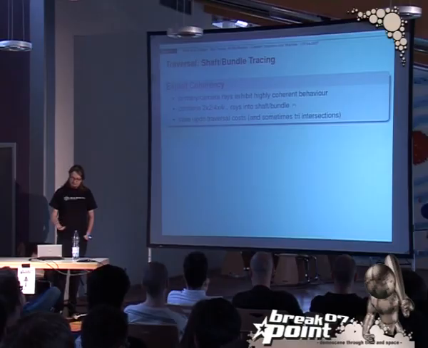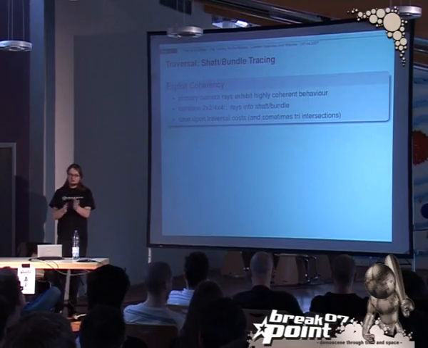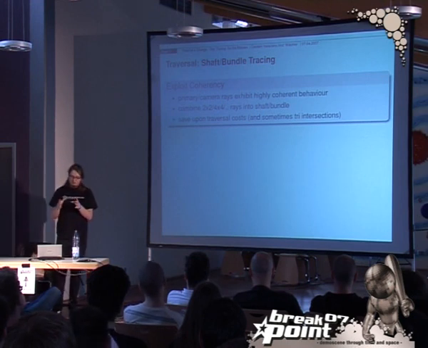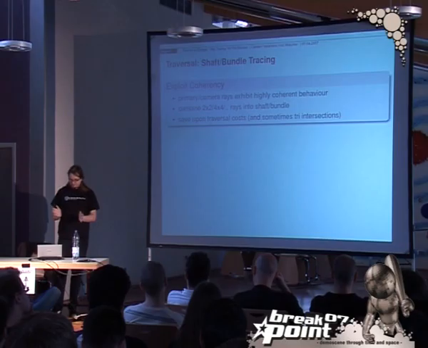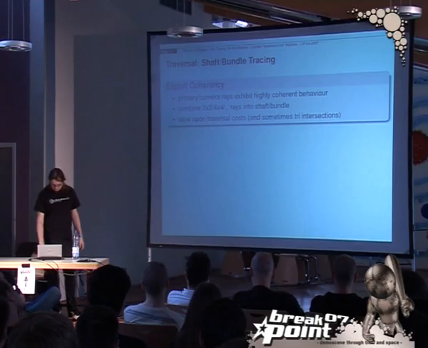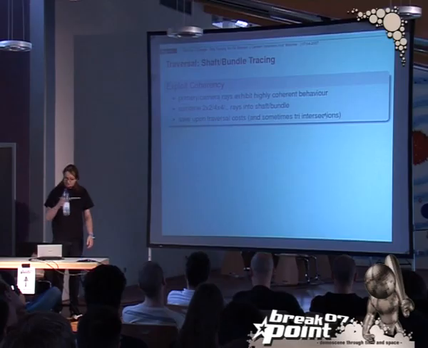Bundles means you take the rays and have to mask some of them out if they take different decisions in the tree. And shafts means you encapsulate the rays into truncated pyramids, like a camera frustum. Same principle, and you trace this whole frustum through the tree. And this amortizes the traversal costs of the rays. And sometimes if you have large triangles in the scene, you can also save on the triangle intersections.